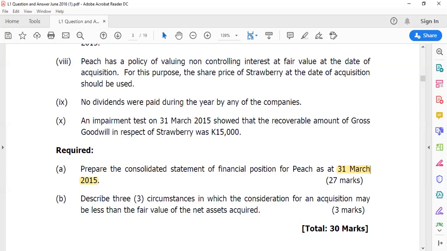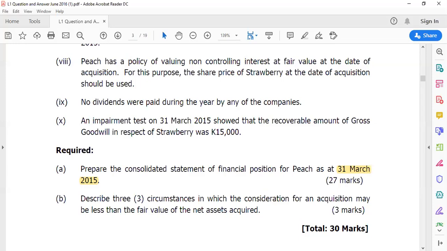And then sometimes it could be because of what is called a bargain purchase. Yes. So all those things can make you buy or sell at a price lower than the fair value.